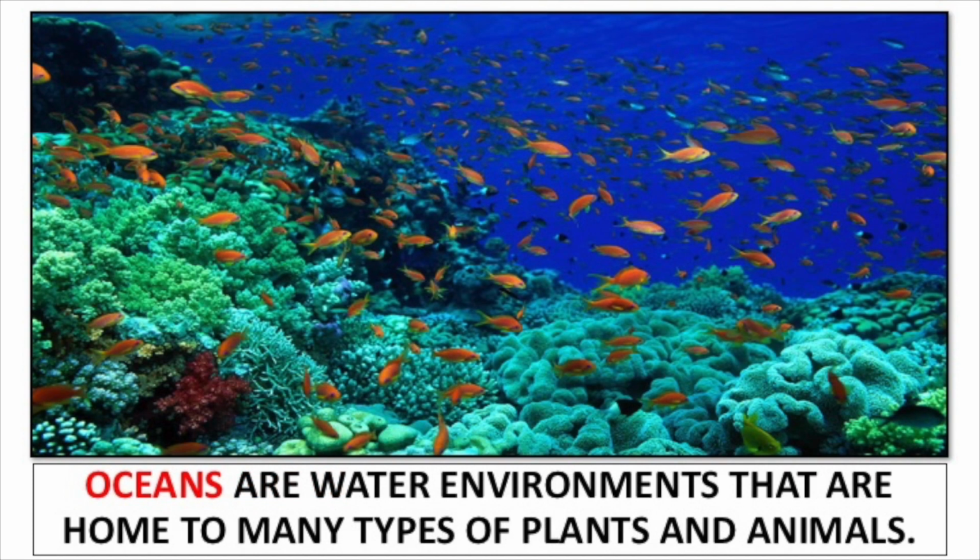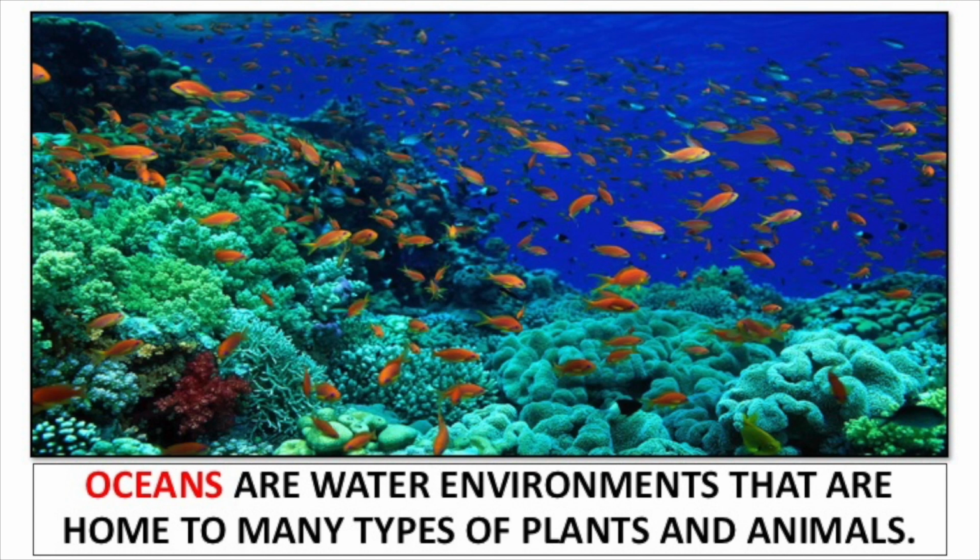And finally, oceans. Oceans are water environments that are home to many types of plants and animals. Yes. Any humans live in the ocean? No, no humans live in the ocean. Humans can't live underwater. But what can you see lots of?